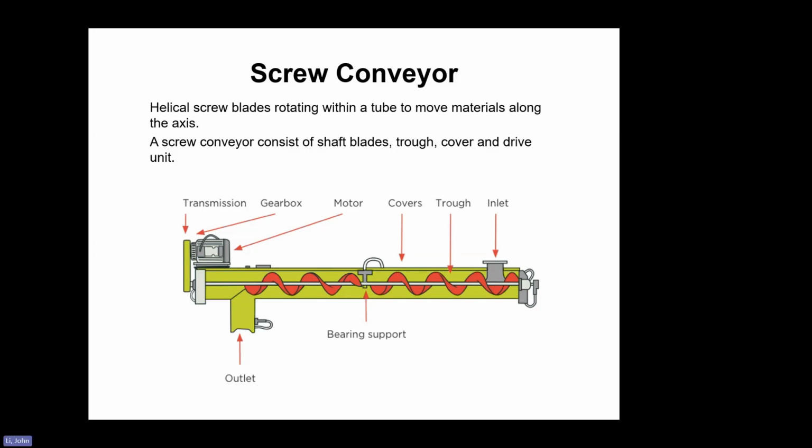For process plants, they don't need long distance or high capacity, so the screw conveyor is really suitable for this application. A screw conveyor consists of a shaft, blades, trough, housing, a cover, and the drive unit. So really simple.